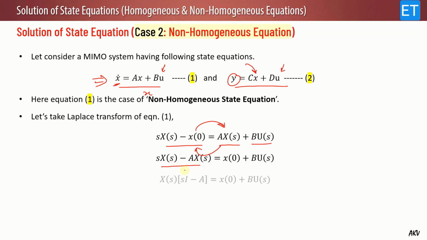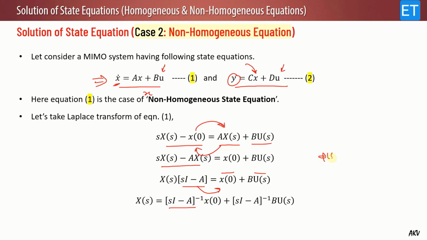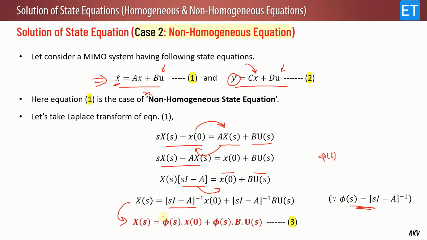Taking X(s) common, we get the matrix (sI minus A), and taking this matrix to the right side, I will get its inverse multiplied with these two terms: (sI minus A) inverse into x0 plus (sI minus A) inverse into BU(s). And what is this (sI minus A) inverse? In the previous slide, I represented this with phi(s). So I can write X(s) as phi(s) x0 plus phi(s) BU(s).